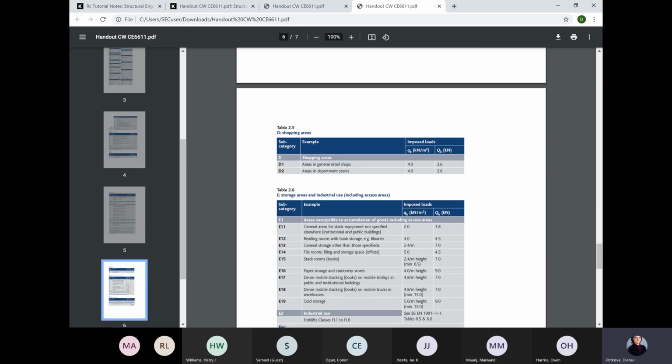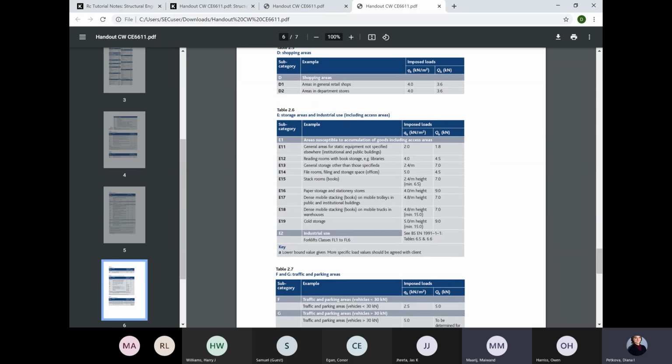Diana? Yeah? For the permanent load, can we pick whatever thickness the slab has? I would start with 150. If you think that it's not sufficient, you can increase to 160, 170, but I think 150 should be fine.